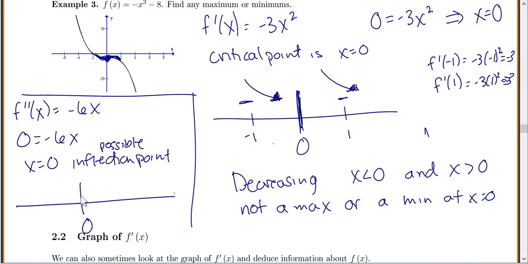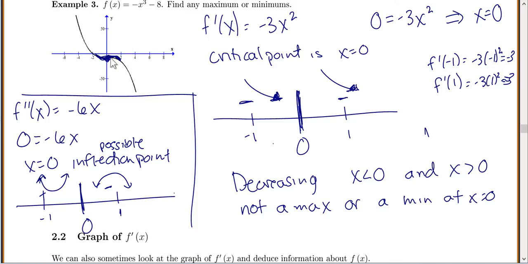Here's our 0, and you should pick a point on either side and plug it in your second derivative. If I put my negative 1 into my second derivative, I get negative 6 times negative 1, which is positive. So I should be looking like a U shape. And at positive 1, if I plug that in, I get a negative, so I should be going down like this. Notice that is what happened on our graph.